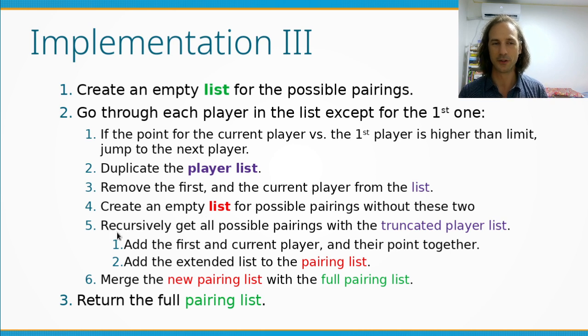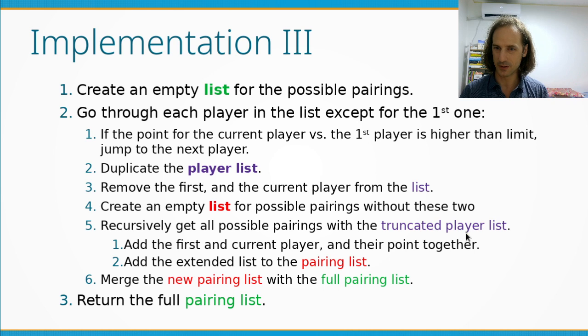So what we are going to do is recursively call this function with the truncated player list. Now we selected 2 players from this list who are paired, and for all the remaining players we want to see all the possible pairings. So we call this same function again with the truncated player list, and we get all the possible pairings from them.